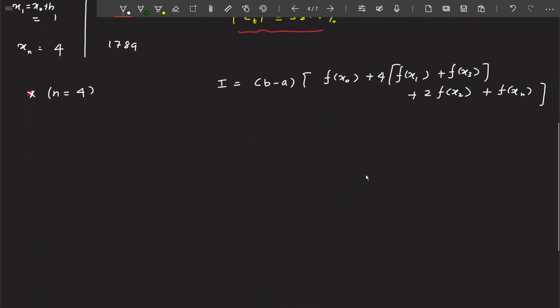Okay, this is going to be 3 divided by n, 3 into 4. So let us first calculate the value of h, the step size, b minus a divided by n. So this is going to be 4 plus 2 divided by 4, that is 6 divided by 4, that comes out to be 3 by 2, that is 1.5.